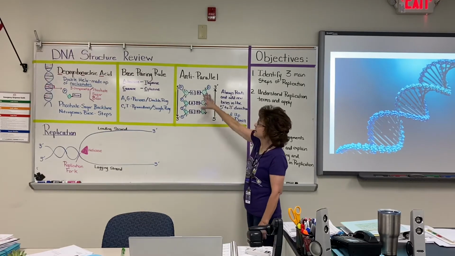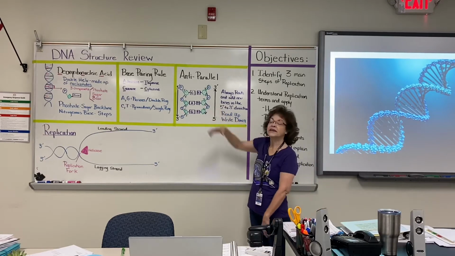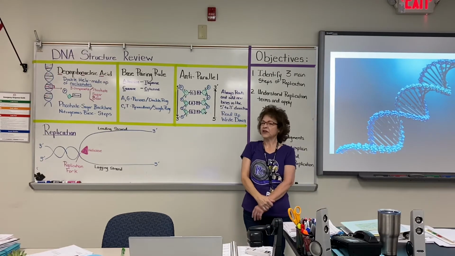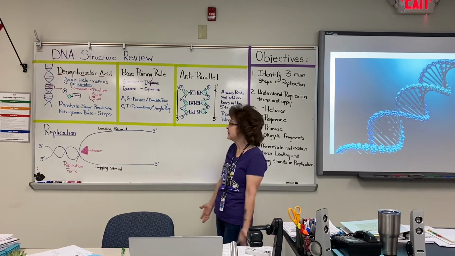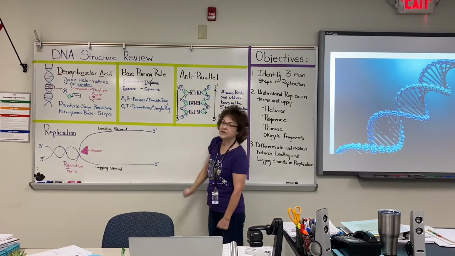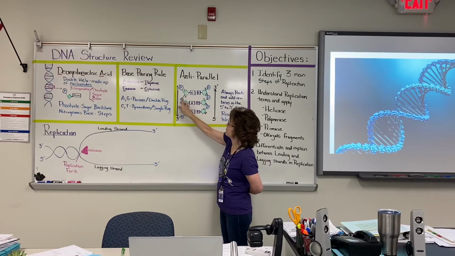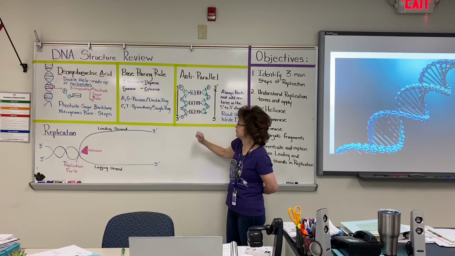The other thing that is really important about our DNA structure, it is that it is anti-parallel. And you're saying, Ms. McCoy, what does that actually mean? Well, if you look at this side of the DNA, you can see that we go phosphate, sugar, phosphate, sugar, phosphate, sugar.